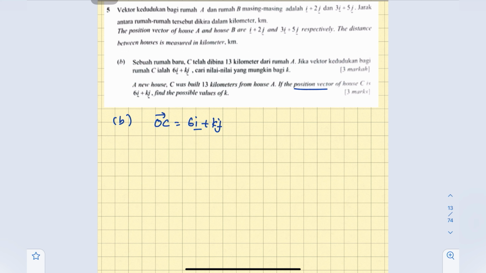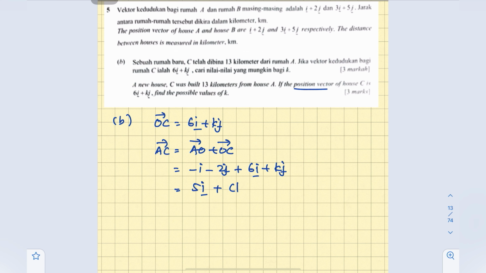So we must find AC first. By the triangle law, AC is AO plus OC. AO is negative i minus 2j, opposite direction, and OC is 6i plus kj. Grouping together, we get 5i plus (k minus 2)j.